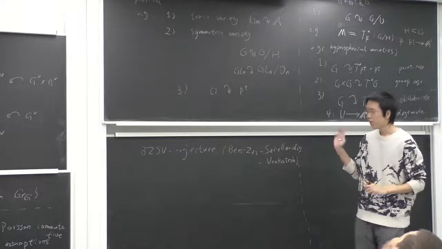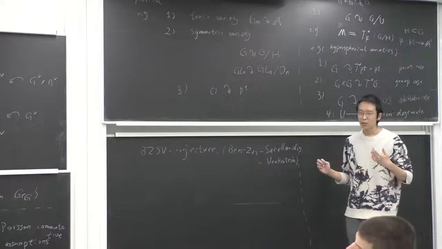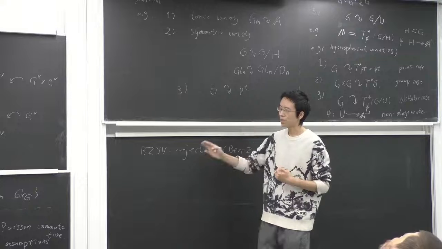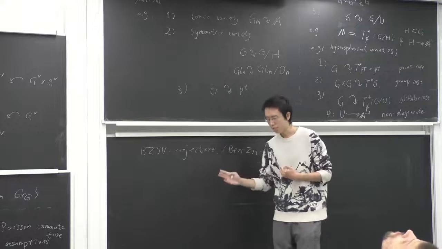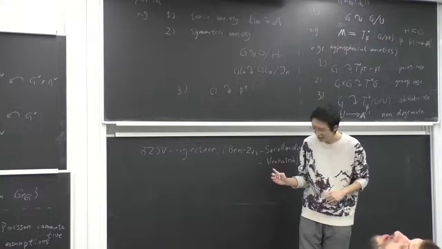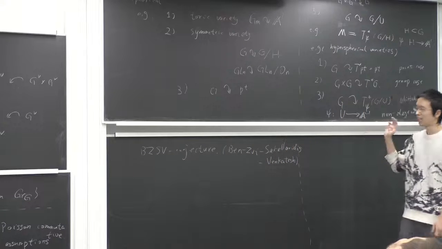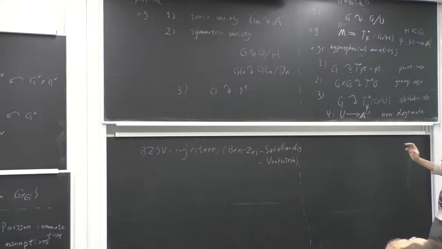Here, for the relative Langlands problem, instead of using a group or its dual group, you should use a hyperspherical variety and its dual hyperspherical variety. So through this philosophy, the geometric Langlands program corresponds to the group case.